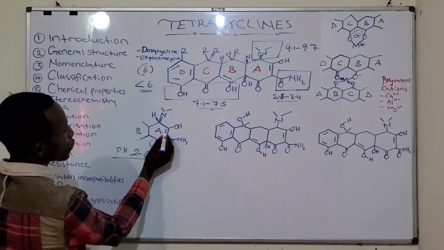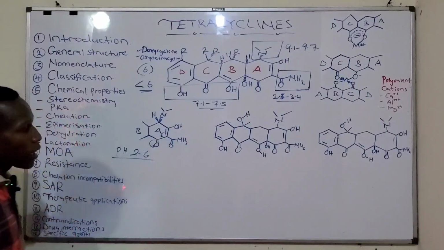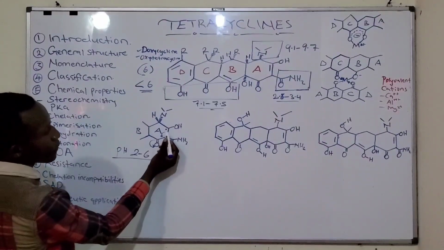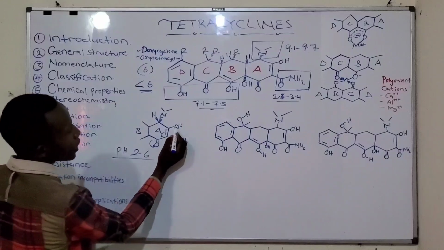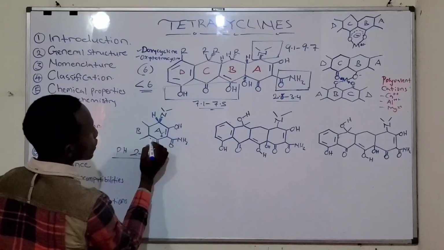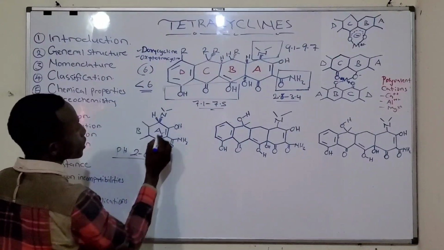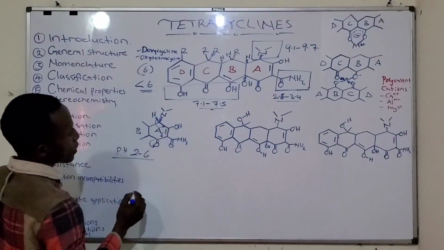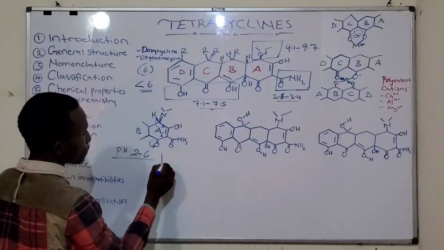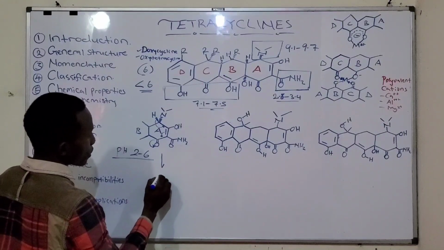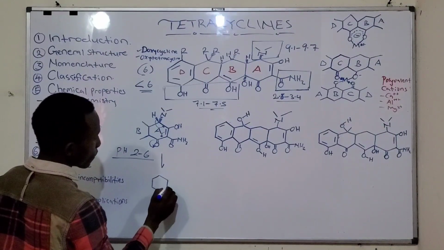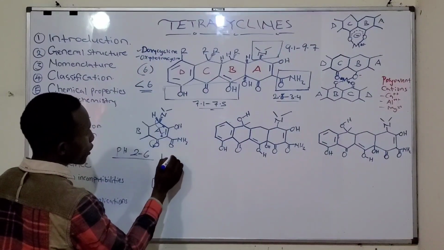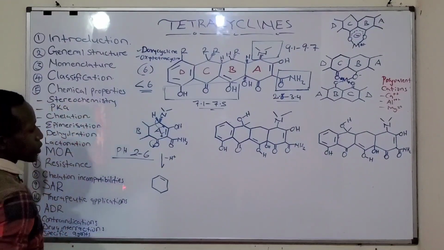This bond will move to stabilize this carbon, and stabilize this one, but this one will be unstable. So we can have a bond from this oxygen, but sometimes this hydrogen is lost, so it will be lost to form a bond here. At the end, your ring looks like this. Here you have formed a bond, but you have lost the hydrogen or the proton.